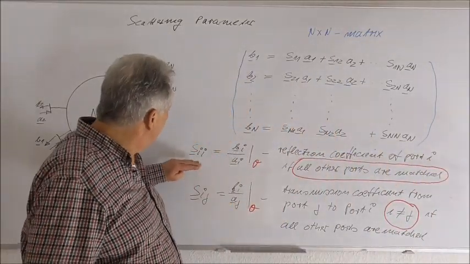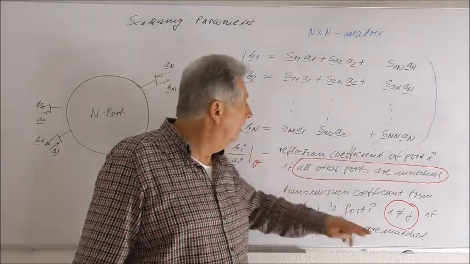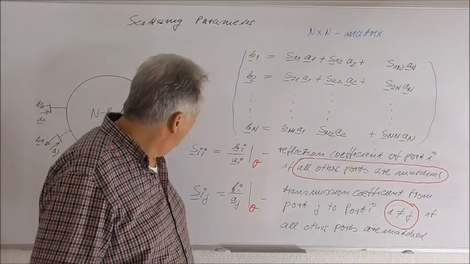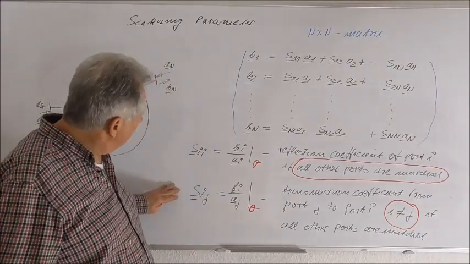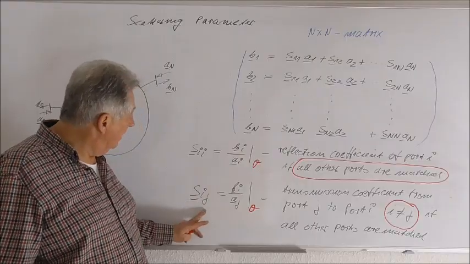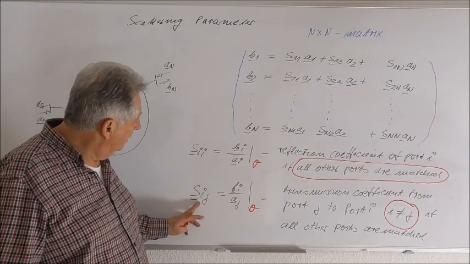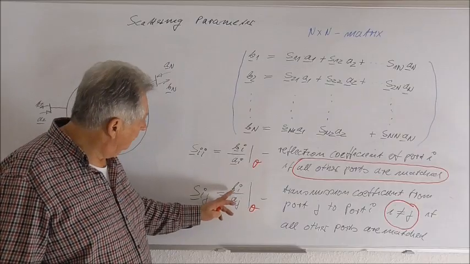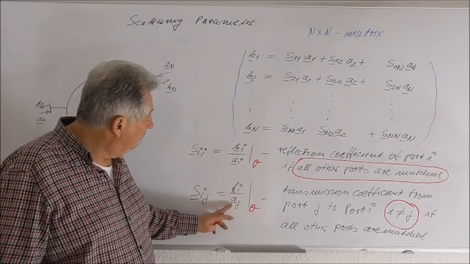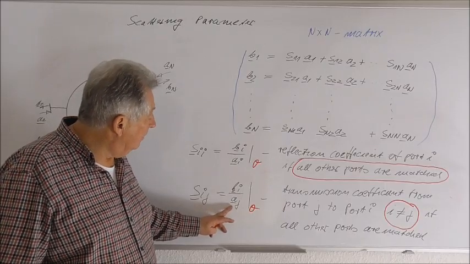So what does Sii mean? It's the reflection coefficient of port i, if all other ports are matched. In contrast, there are parameters which have different indices here. So say this is i and j. So what does this mean? We have to measure the wave amplitude Bi and divide by the wave amplitude Aj.